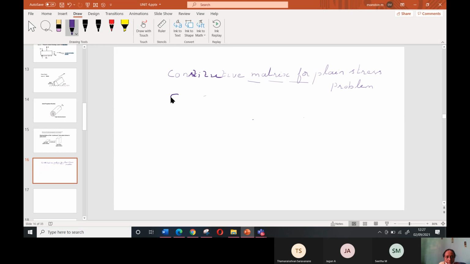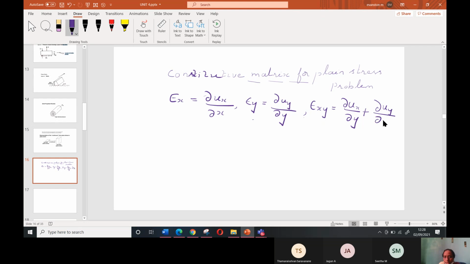So we learned already epsilon x is dou ux by dou x, and epsilon y is dou uy by dou y, and epsilon xy is equal to dou ux by dou y plus dou uy by dou x.